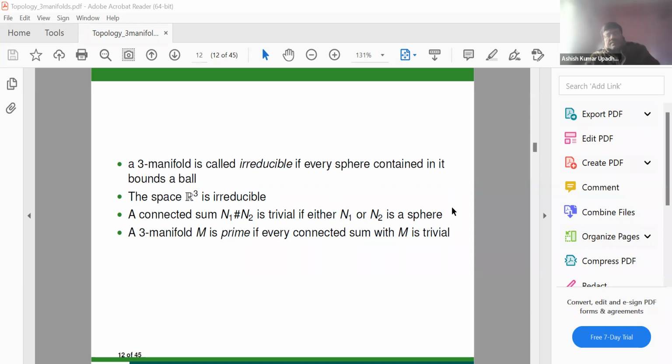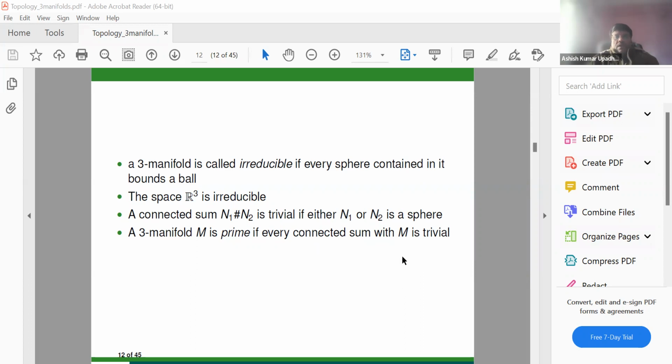Okay, and then we come to an important terminology. Using this terminology, we call a three manifold prime if every connected sum decomposition of M is trivial. That is, if I write M as a connected sum, then the only possibility is that the other factor is a three sphere. Then the manifold will be called prime.